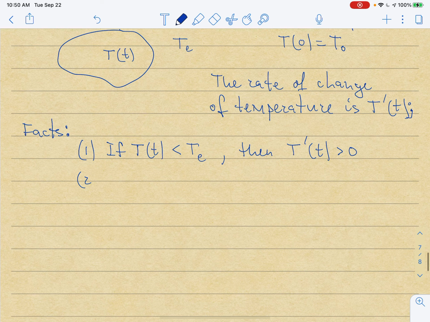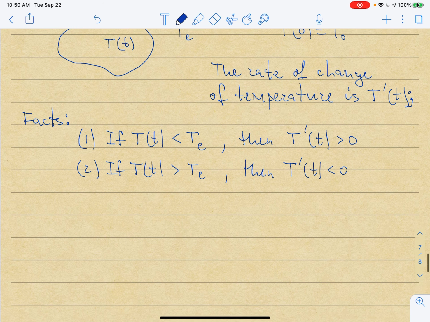Number two, if temperature of a body is greater than the temperature of the environment, then the body is going to lose heat and its temperature is going to go down, so T prime of t will be less than 0.